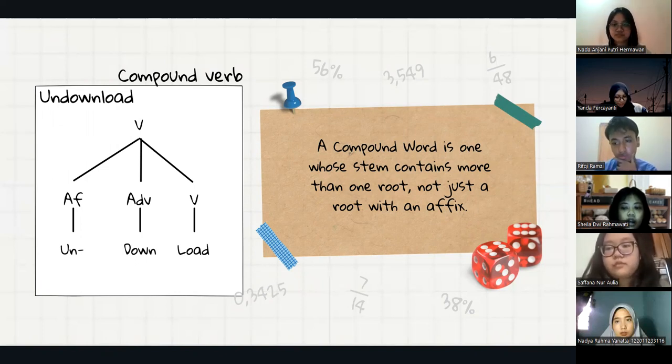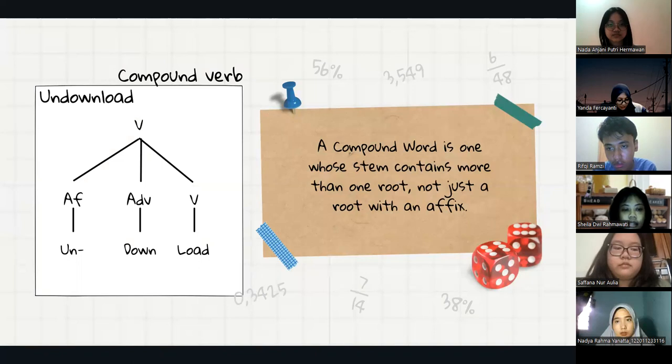So, a compound word is one whose stem contains more than one root, not just a root with an affix. For example, here, the word download has two roots, that is down and load with an affix here on. Next.